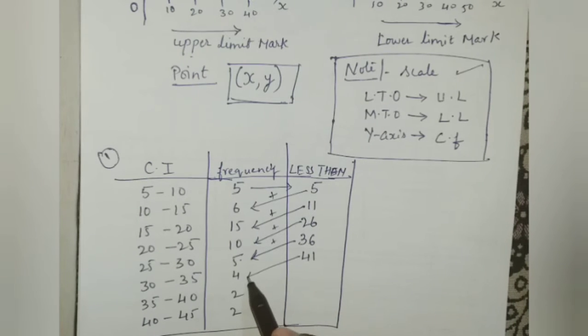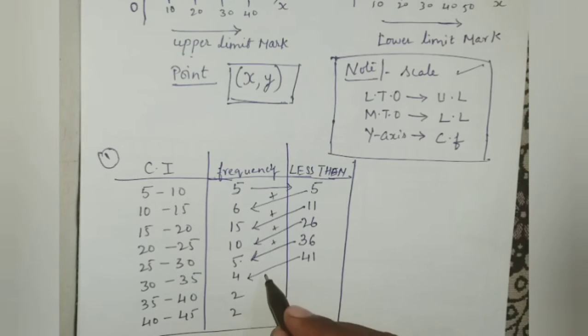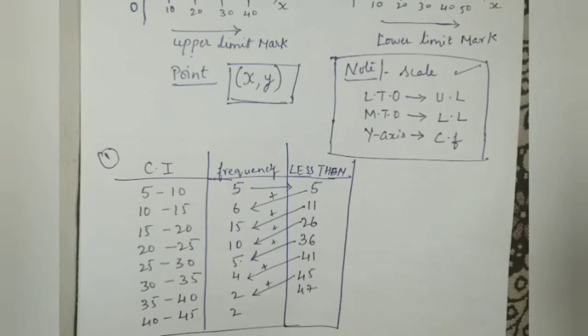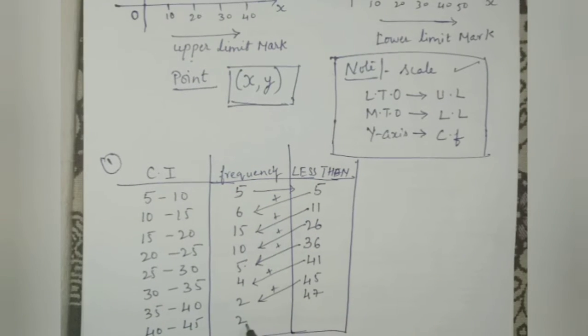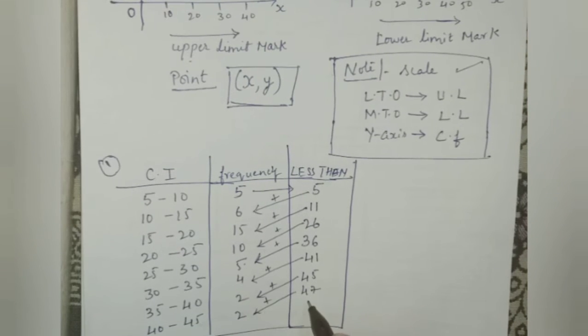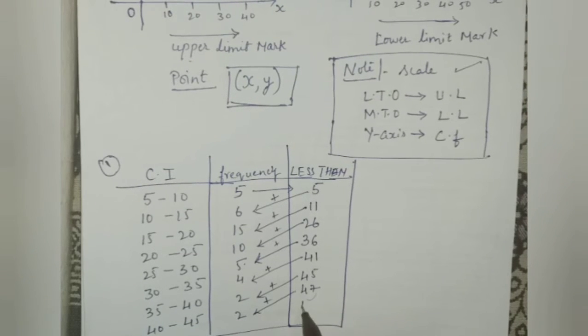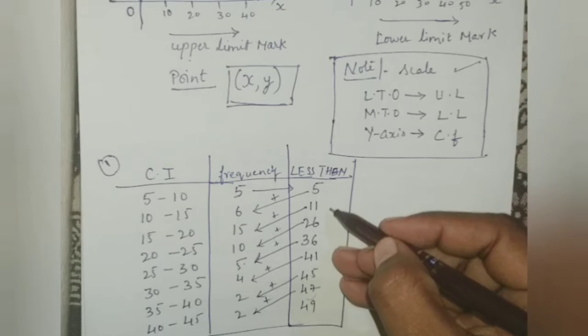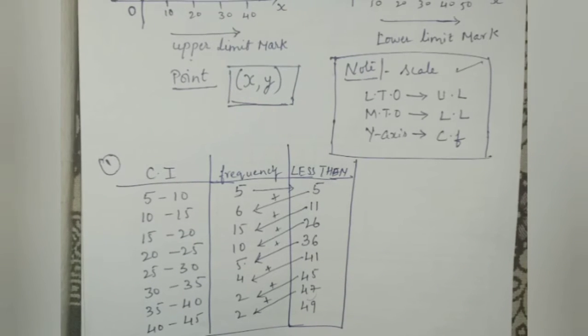Next you need to add 41 plus 4, which is 45. Again 45 plus 2 is 47. Next we add this 47 to the next number, and I'll get 49. At last, whatever value I got, 49. So this is how you find the less than values for the less than ogive.